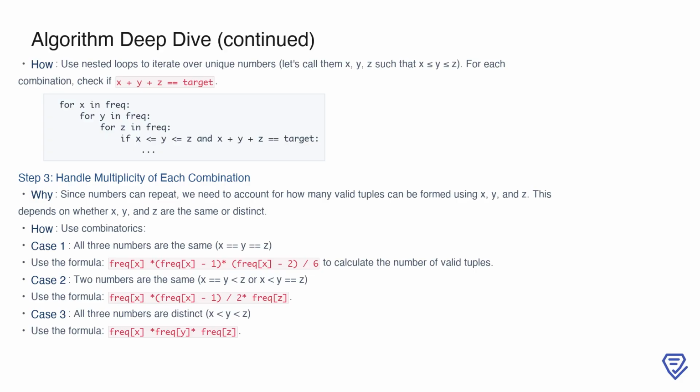If two numbers match, for example x == y < z, we compute freq[x] * (freq[x]-1) / 2 * freq[z]. And if all three numbers are distinct, we simply multiply their frequencies together: freq[x] * freq[y] * freq[z]. These formulas ensure that we account for all possible tuples while avoiding double counting.